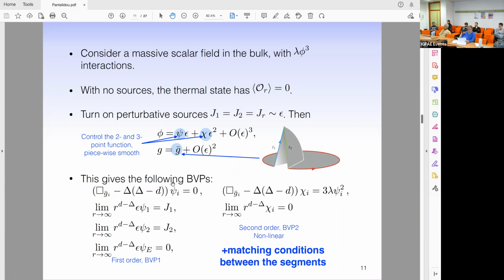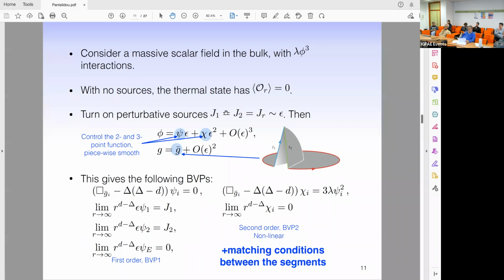So these sources are valued in the boundary, so they are fields in the boundary. These are the boundary conditions that you need to impose when you solve for your scalar field in the bulk.